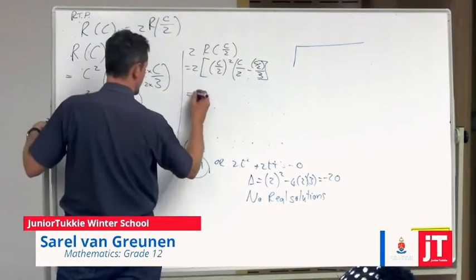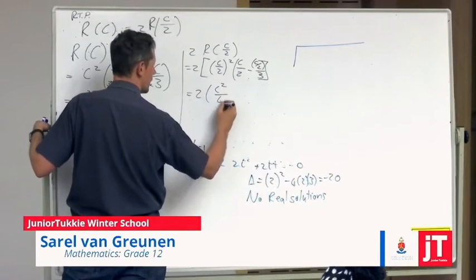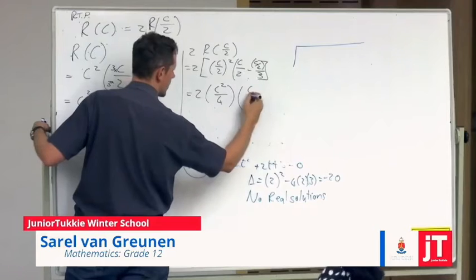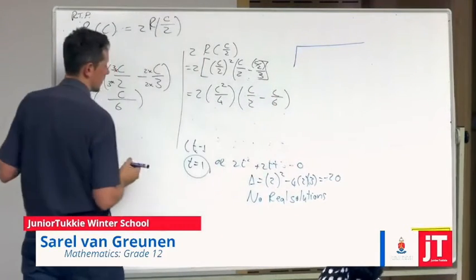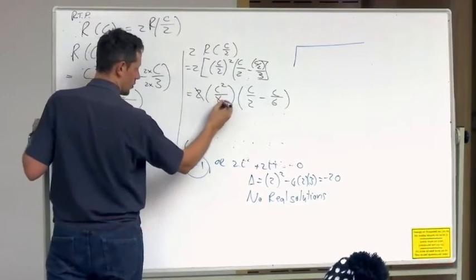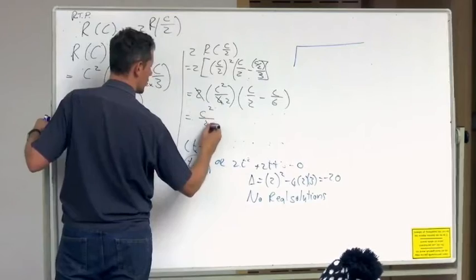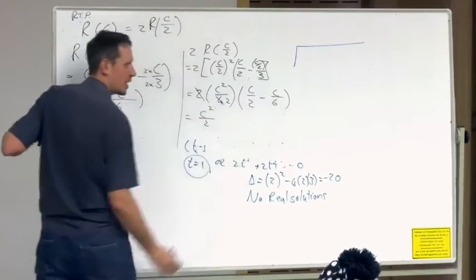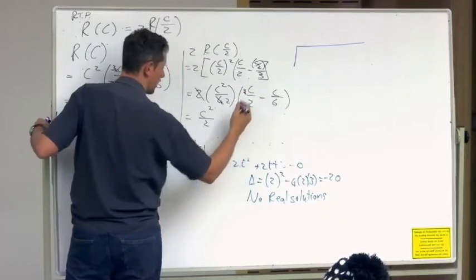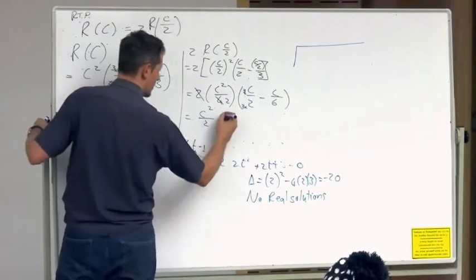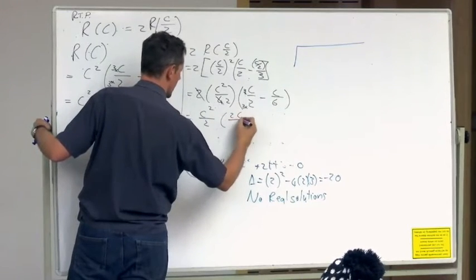So what am I going to do now? Well, this is 2C squared over 4. This is C over 2 minus C over 6. 2 goes into 4 twice. So I'm left with C squared over 2. Put this on the LCD, which is 6, so times by 3 and times by 3. So this is going to give me 3C minus C, which is 2C over 6.